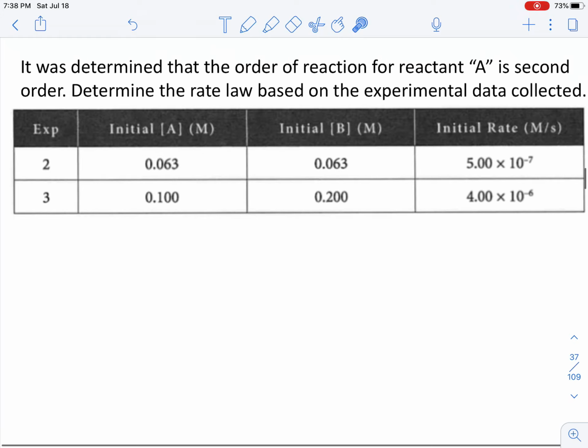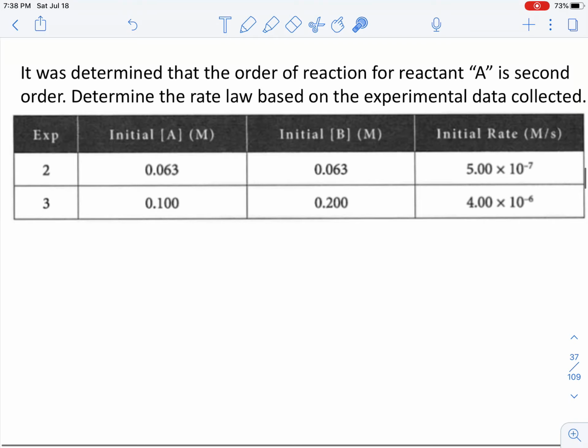And so what do we need to do to solve for the rate law if we're not able to cancel out any of these concentrations when we take the ratio of two experiments?